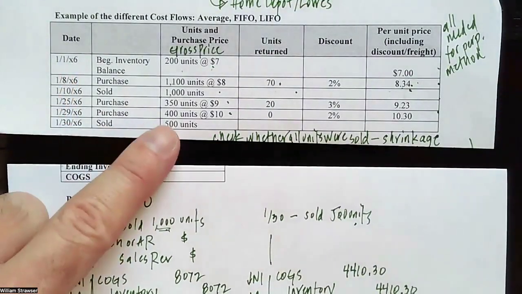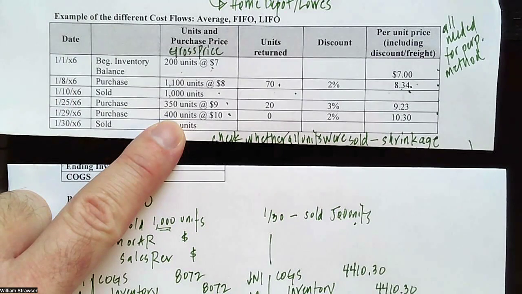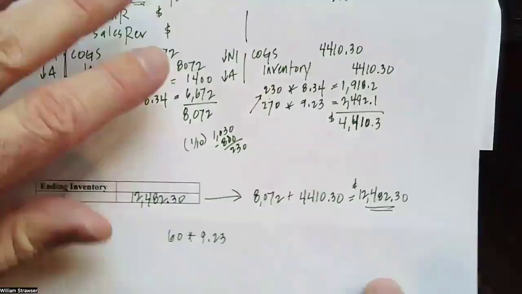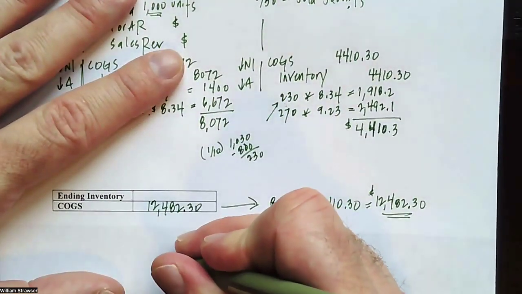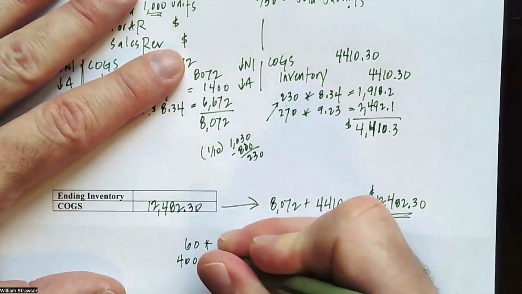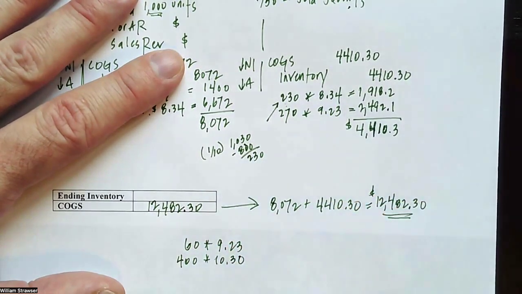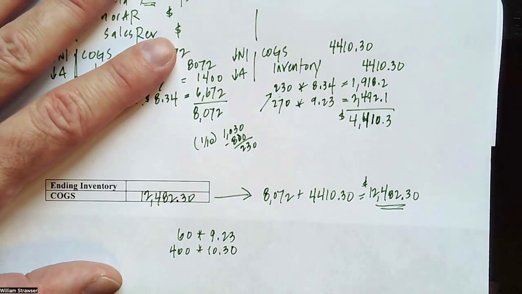And my newest layer was left unsold under FIFO. So all 400 are there at a price point of $10.30. And remember, there was no shrinkage in this problem, so that is not something we have to worry about.